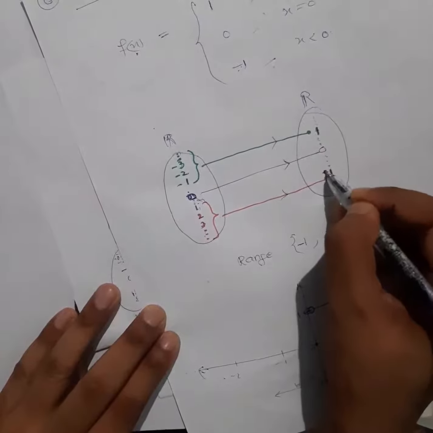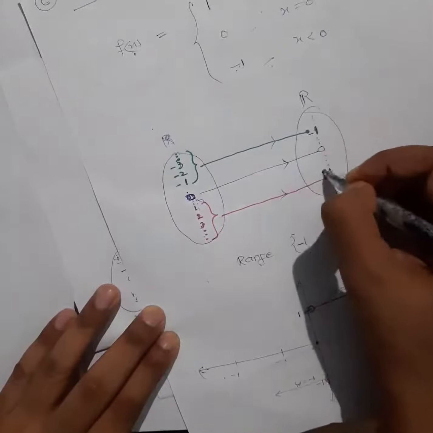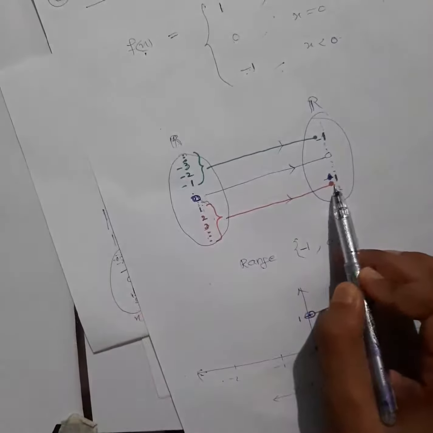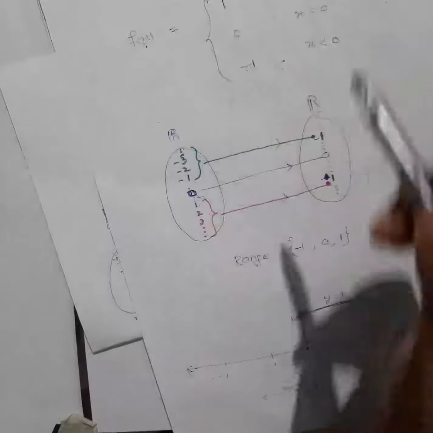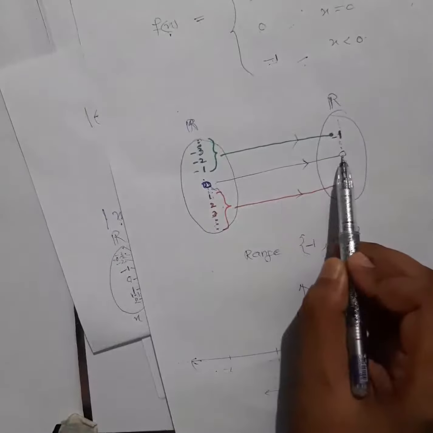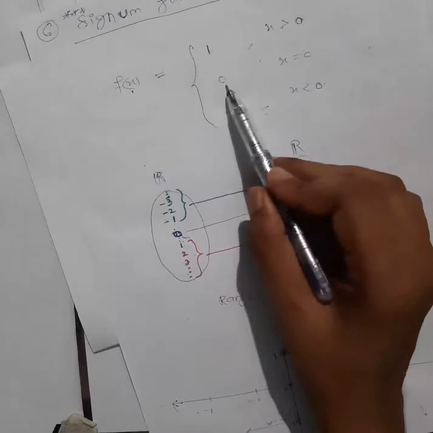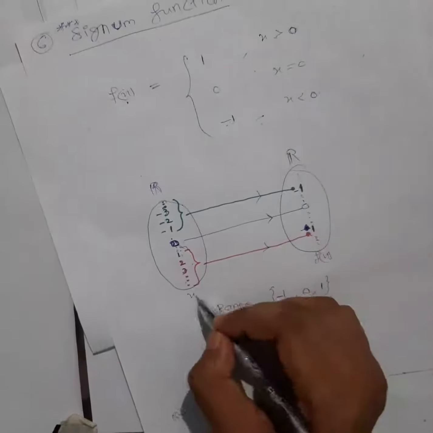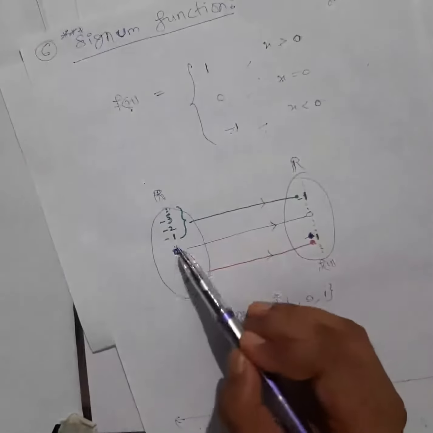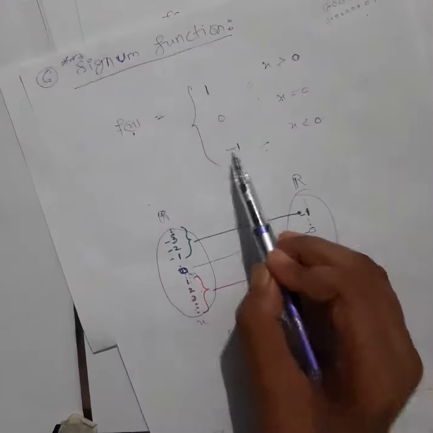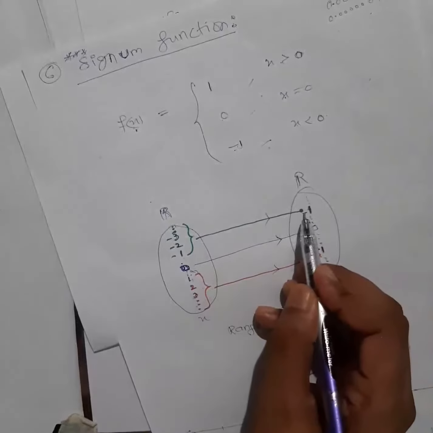This will be positive, this will be minus here, this is plus. It will always give you plus 1. Then if x is 0, your image will always be 0. You can say x equal to 0, y will be 0. This is your y or f(x), this is your x. So if you take a negative number, x less than 0, then your y will always be minus 1. Always minus 1 means the image will be only minus 1.